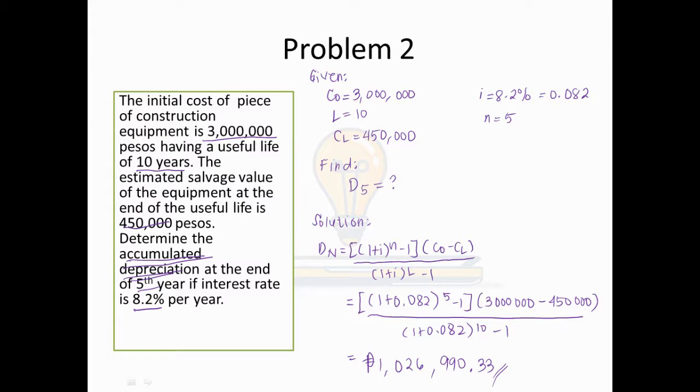So after 5 years, the accumulated depreciation of the construction equipment is 1,026,990 pesos and 33 centavos.